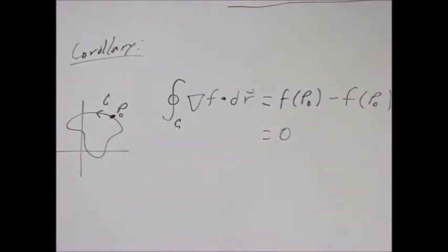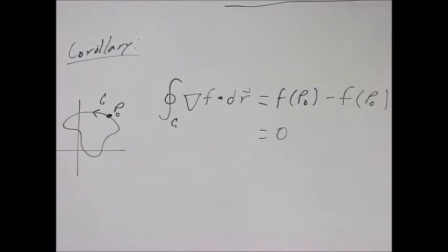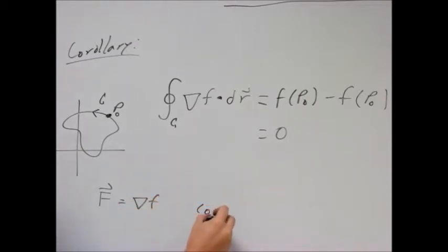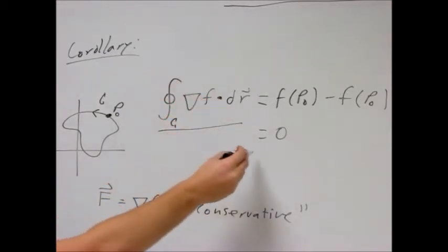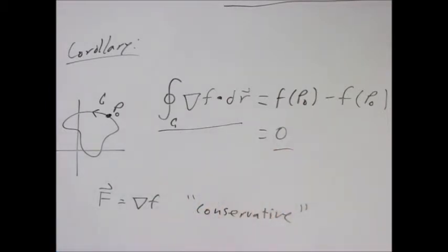And a lot of times vector fields that are gradient fields are also called conservative vector fields, because this integral equals 0. So the work done in a closed loop is 0.